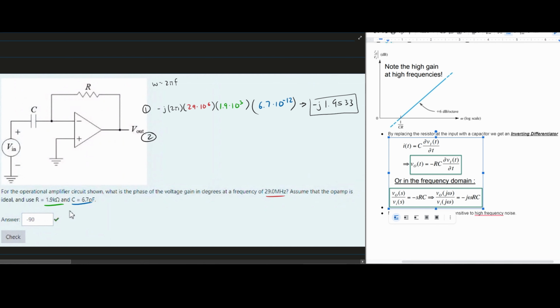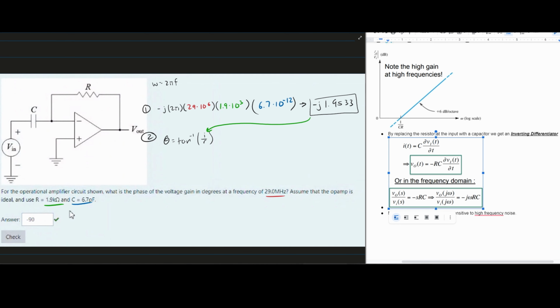In step 2, we're going to plug this in to get the phase, because currently it's in rectangular form. We have 0 minus j 1.9533, and to get the phase angle, we plug into tangent inverse. We're going to have the imaginary number over the real number, and our imaginary number in this instance goes right here.